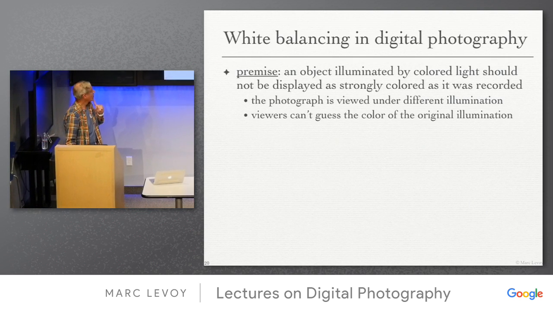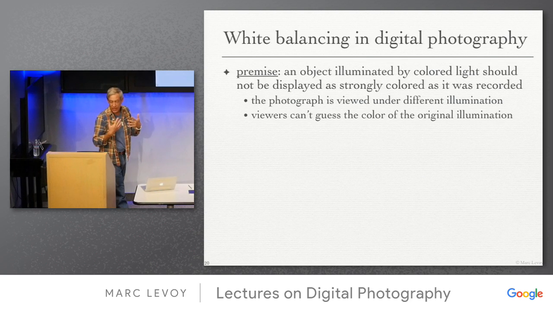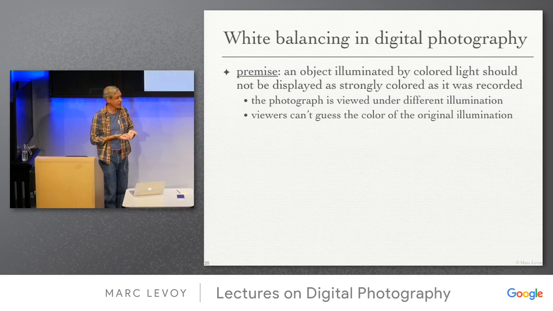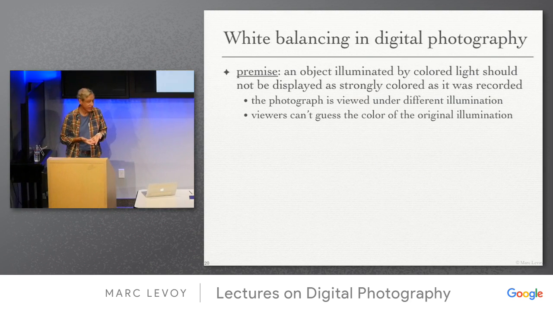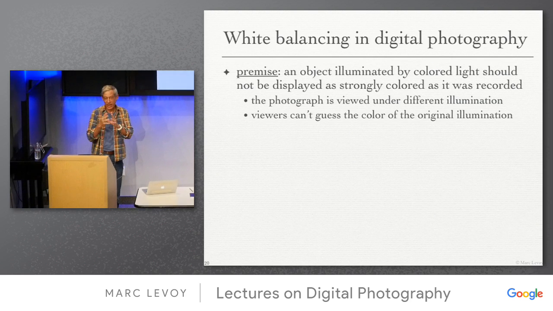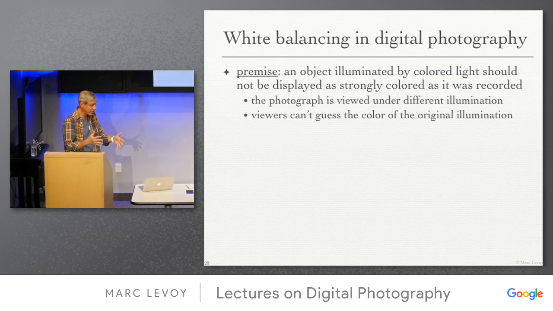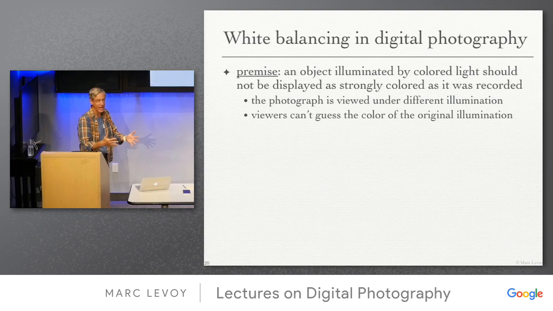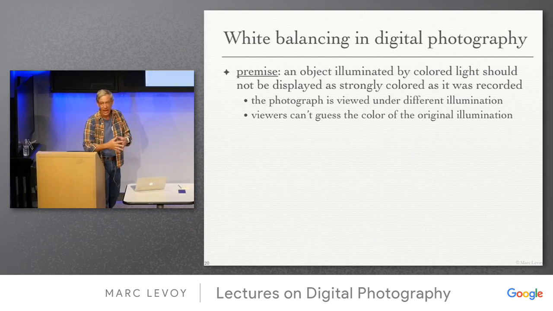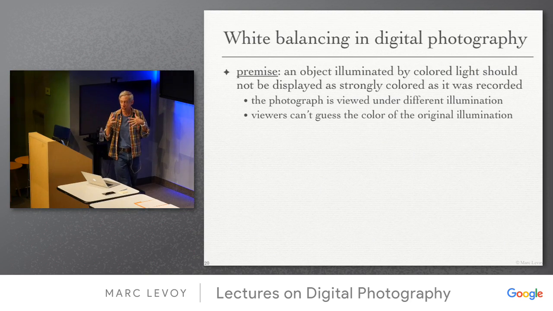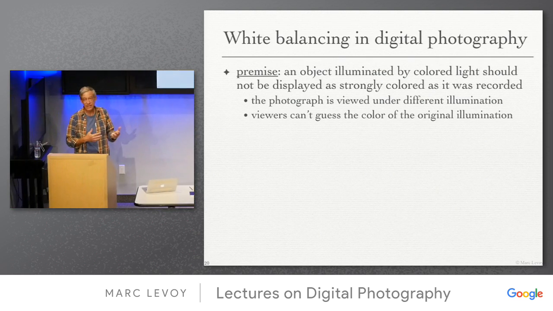All right, so white balancing in photography. The premise is that an object is illuminated by colored light, but it should not be presented back to the user that way. So if it's illuminated by colored light, it's going to take on some color cast. And the premise is that we don't want to display it back to the observer of a photograph that way, because they didn't see the light source.